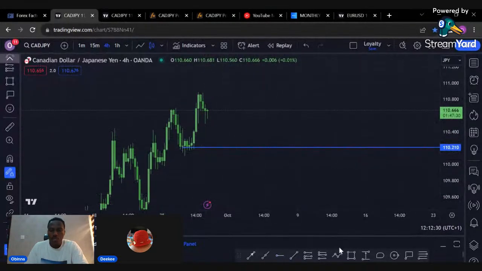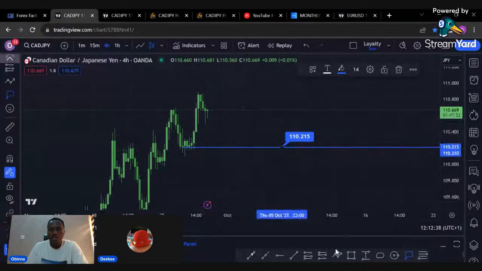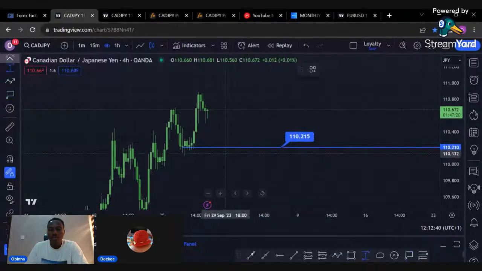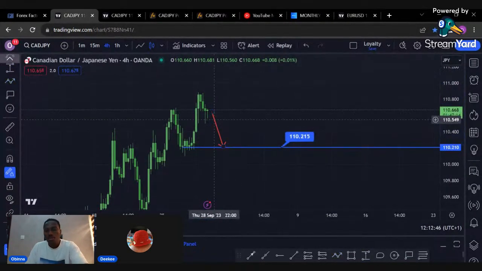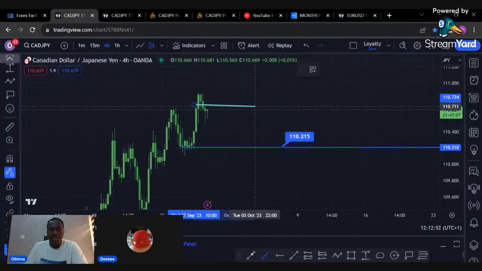And you want price to either pull back, your buy limit should be here already. So let me put this price point, buy limit. So you want price to pull back to this area so that price can pick your trade to continue going up. The other option is, okay, price is making a higher high here.